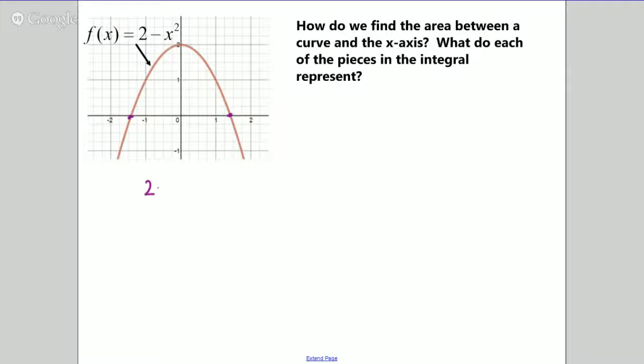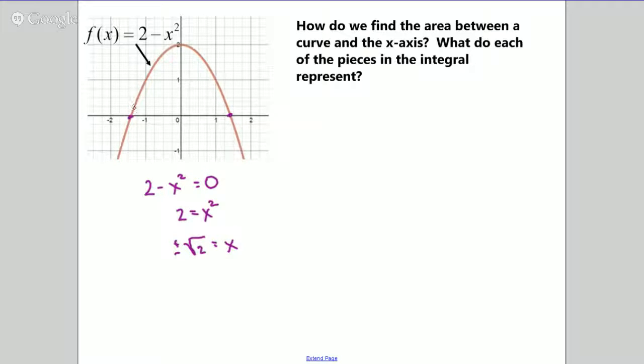So let's take 2 minus x squared and set that equal to 0. Should have two solutions, right? If I add x squared to both sides, I get 2 equals x squared. Take the square root of both sides, but remember, anytime you introduce a square root, you need plus or minus. So my two x-intercepts are going to be plus or minus the square root of 2.